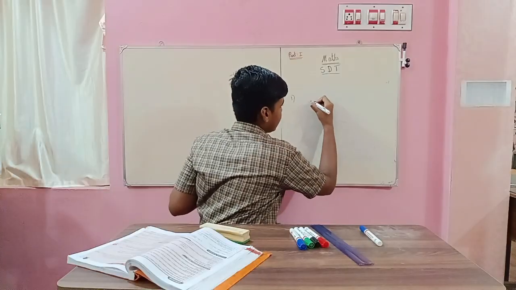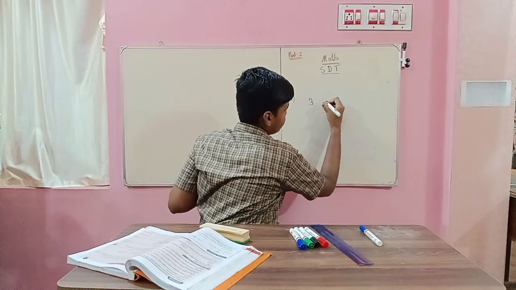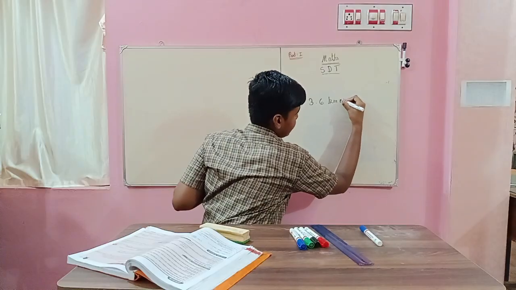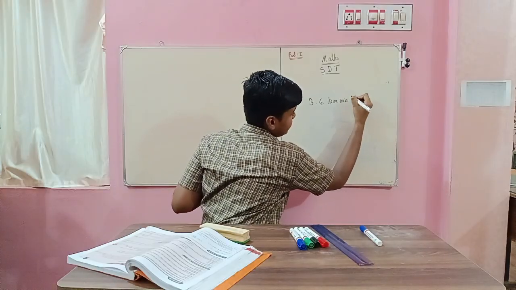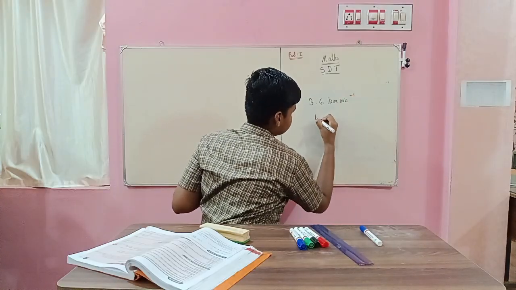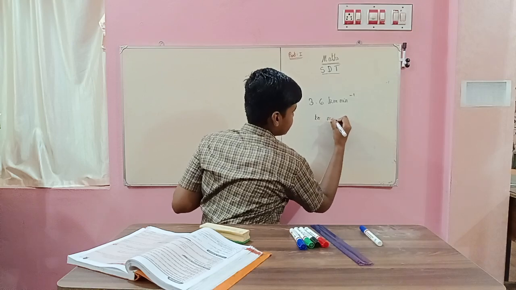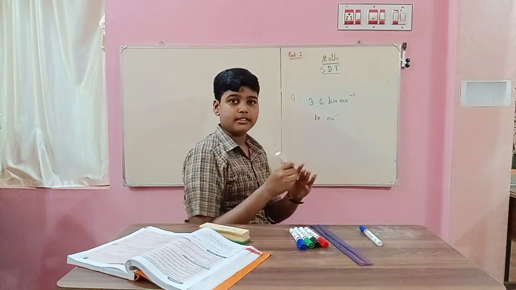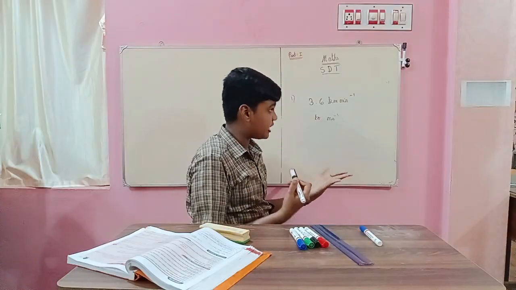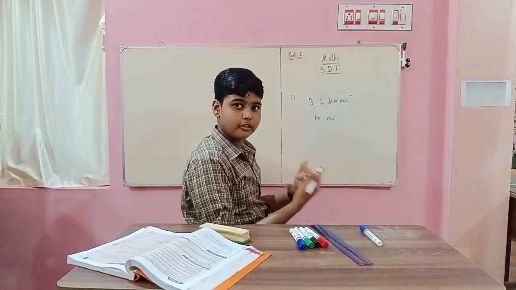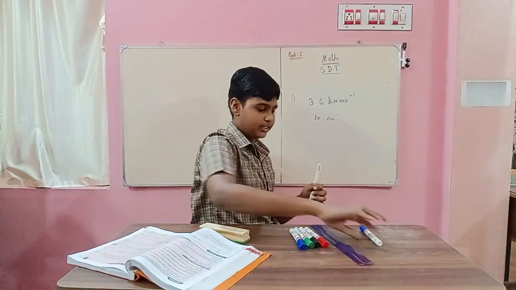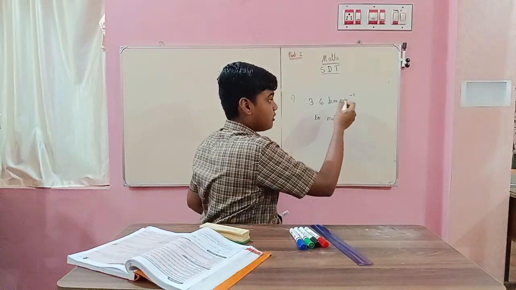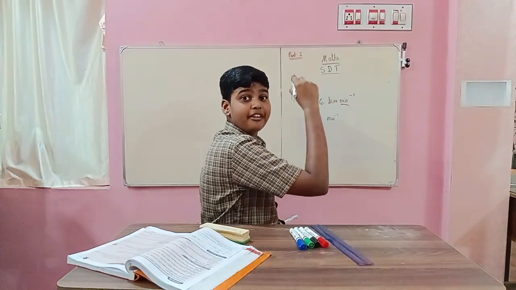How to convert 3.6 kilometer per minute to meter per second? Okay, this is exceptional to the one I taught you. Here, what is the difference is very easy. Minutes. Okay. First I wrote hours, but here I'm writing minutes.